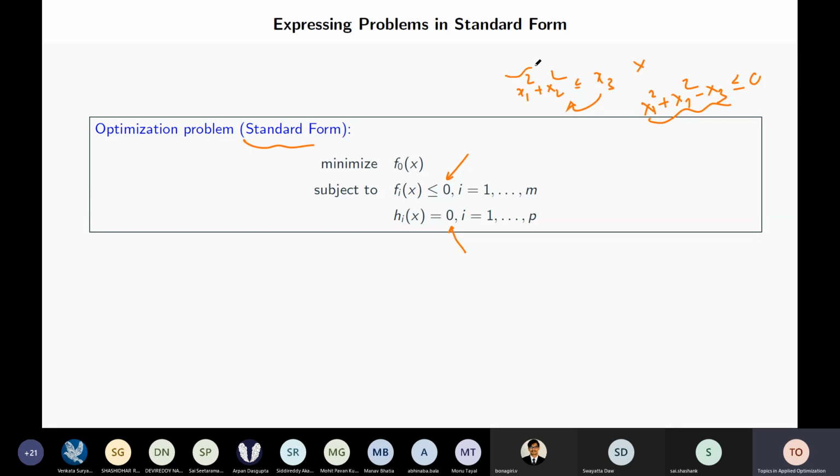So don't make the mistake that someone gives you an inequality in this form, you call this, let us say, the first inequality constraint, and treat this as f1, and use some library to solve this. You will be in trouble, because that was not in standard form and the library is assuming standard form. So you have to first move this and now you call this f1. Then you can use a library or your own solver or whatever.